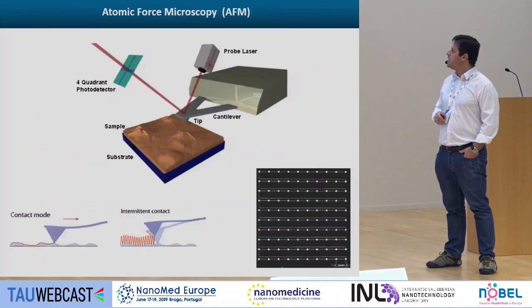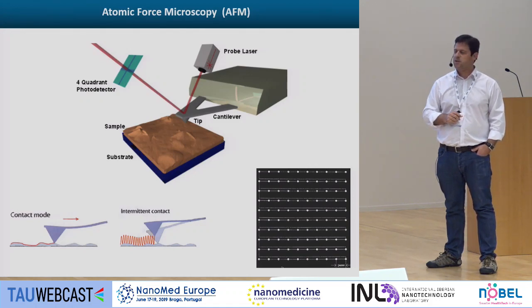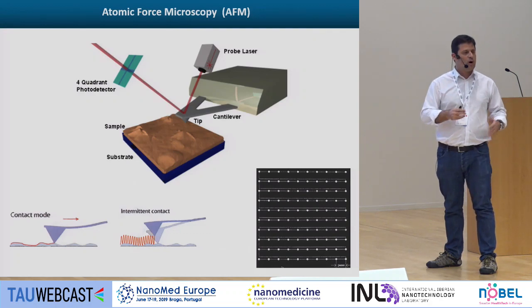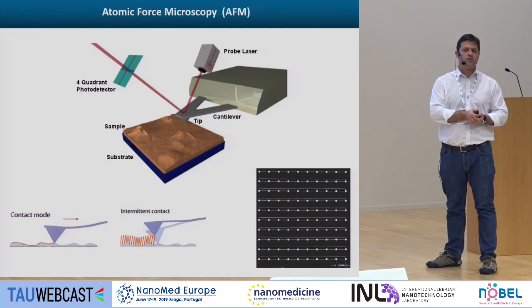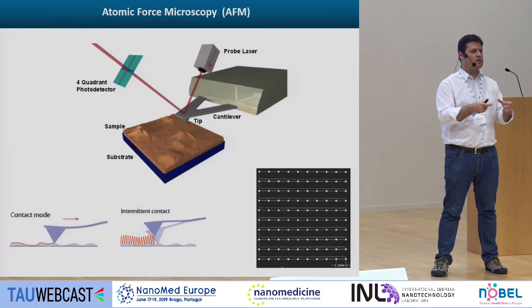And we did this mostly by atomic force microscopy, also by other techniques, but I will tell you just about AFM. And you are probably most used to seeing AFM being used to scan the surface of a sample to get a pseudo-three-dimensional high-resolution image of your sample.